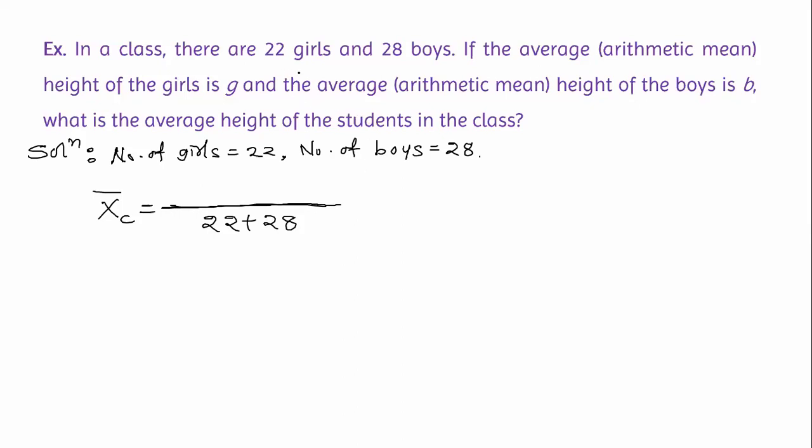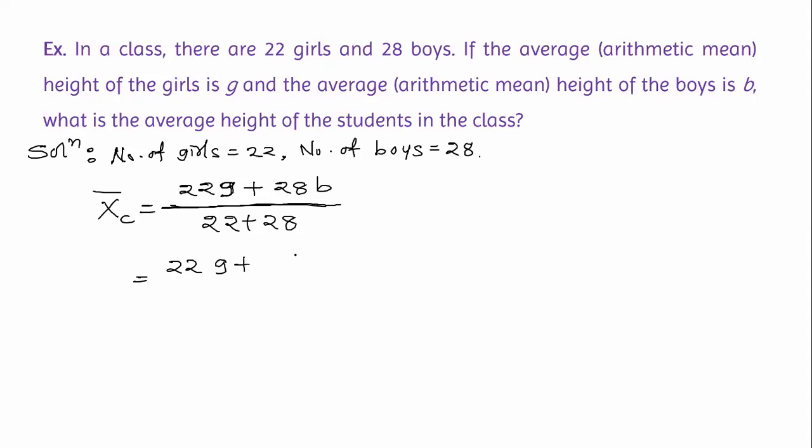Now 22 girls are there and their average height is G. So the sum of the heights of these girls must be 22 times G, and plus we have to add the heights of boys, 28 boys with average height B. So the sum of heights of these 28 boys must be 28 times B. So this is 22G plus 28B upon 50.